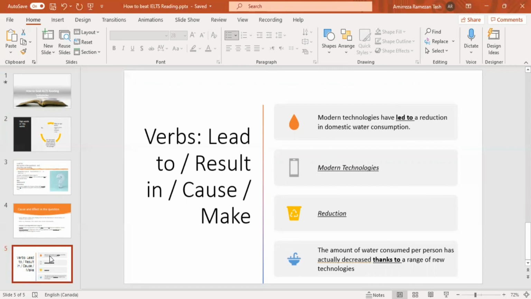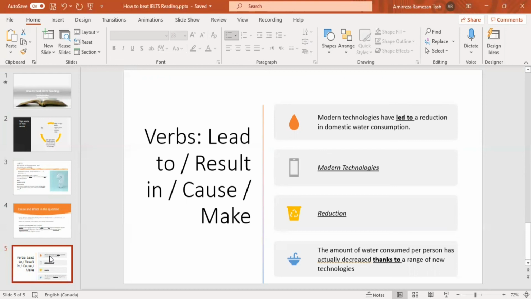So we spotted the cause and effect just by looking at the words "have led to". Now we must say, okay, this is the relation between what words, what led to what. So we see that modern technologies led to reduction in consumption. So we must find modern technologies and the idea of reduction in consumption.